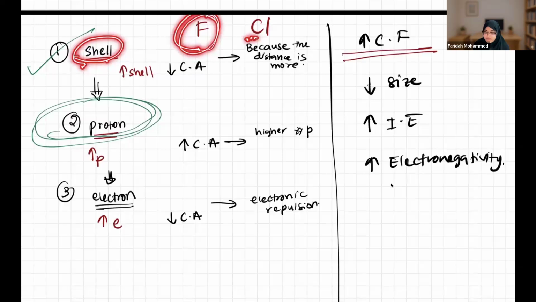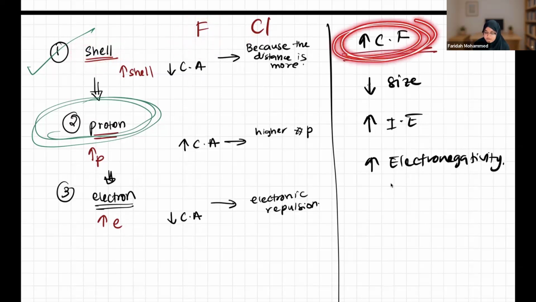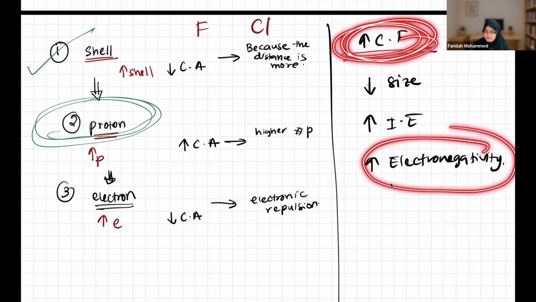Because of this, the distance between the nucleus and the outermost shell in fluorine is lesser, causing a higher Coulombic attraction. And because of that, the electronegativity would be higher. Okay?